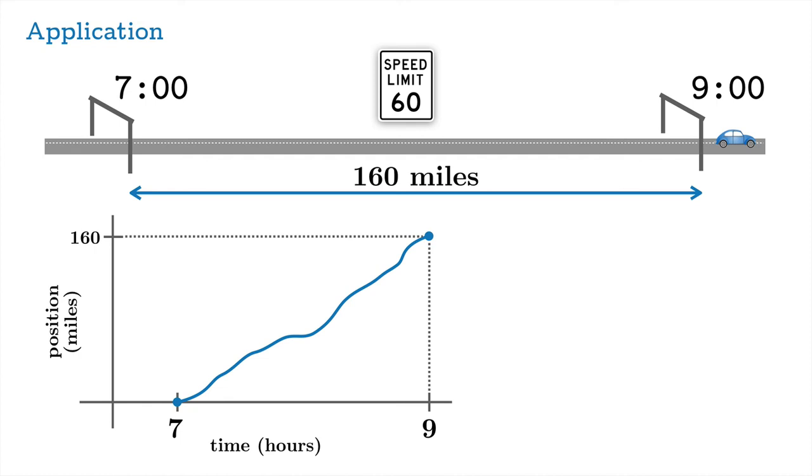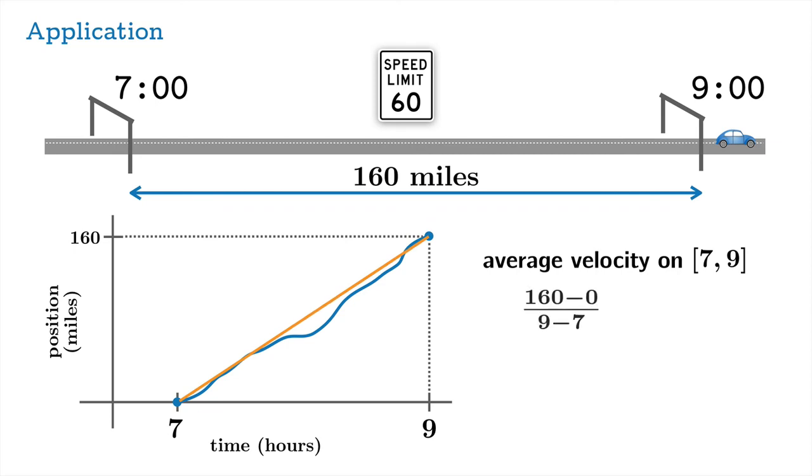And so if we make those modest assumptions, we would then be able to use the mean value theorem, because the average velocity on the interval from 7 to 9, easily calculated in this instance, would be 80 miles per hour.